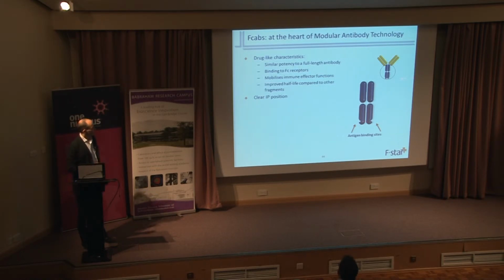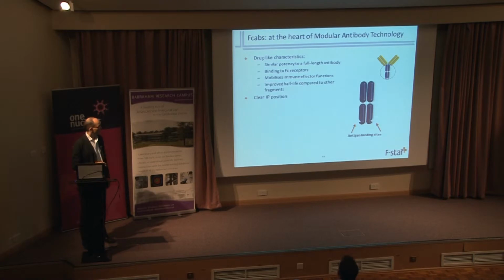And basically what this generates is the normally non-antigen binding part of the antibody. We develop a fragment of that which will bind to antigen and basically constitute a module that you can use to create a bispecific antibody. In principle, this can have similar potency as a normal antibody.